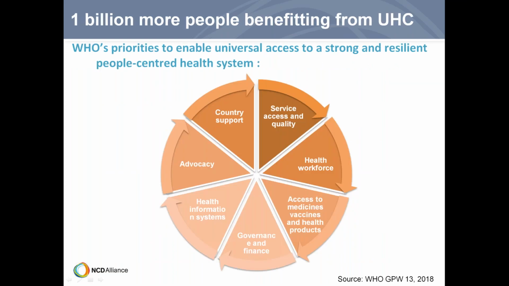And this just outlines WHO's priorities to enable universal access to strong and resilient people-centered healthcare systems. And it shows how we need to maintain a comprehensive approach to the issue of UHC and ensure that we're considering all angles as much as possible, and not be too focused on solving an issue in one area while ignoring all of the others. It's got to be seen within the more holistic context.